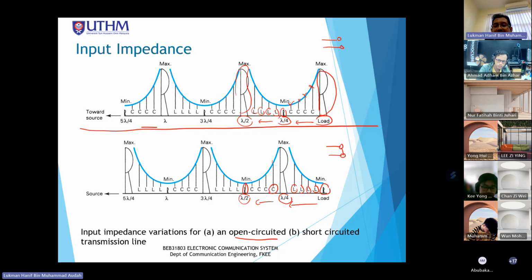If you remember, the transmission line can be drawn using the R, L, C, G parameters, right? So we want to see which of the lumped element parameters is dominant when we move from one point to another point. Okay, so this is it.